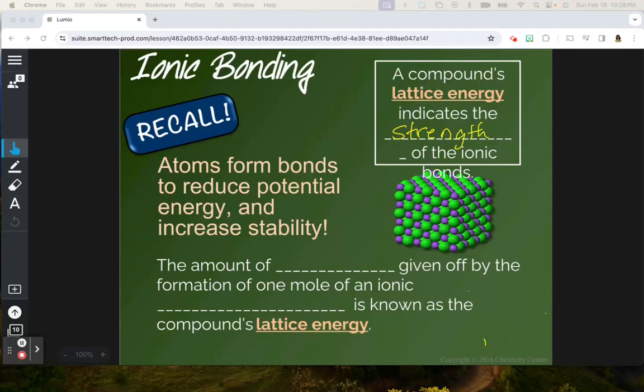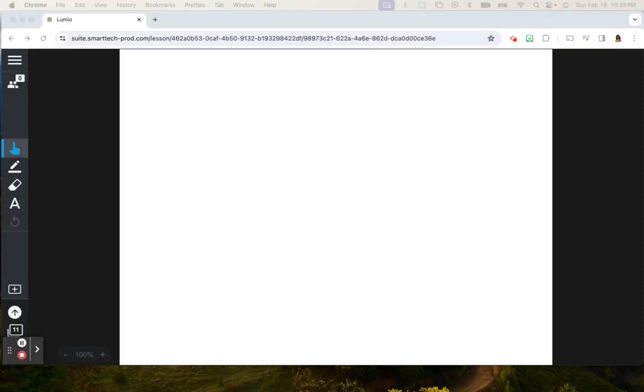The amount of energy given off by the formation of 1 mole of ionic crystalline solid is known as lattice energy. So that's the amount of energy that it takes to make this crystalline structure here. That's called lattice energy. Be sure to add this in your notes.